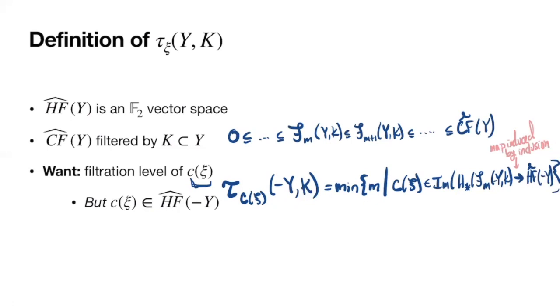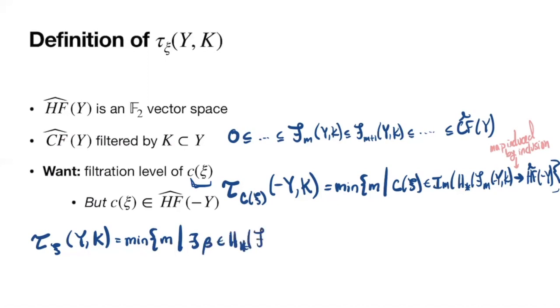There's another way that I could have defined a tau invariant associated to a contact structure. So let me write down what that is. Tau sub c of (Y, K) is the minimum m such that there exists a beta in the homology of F_m(Y, K).